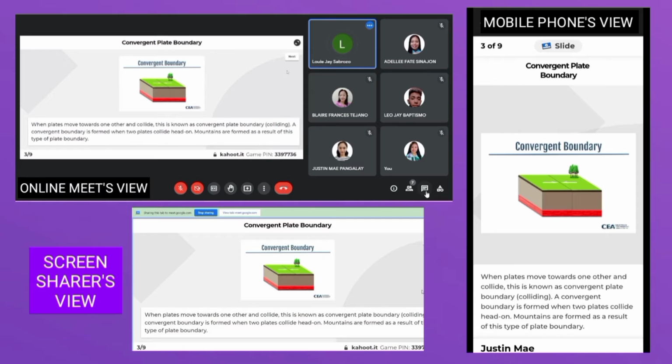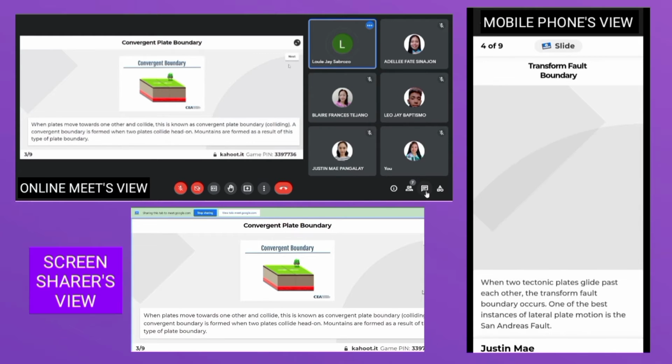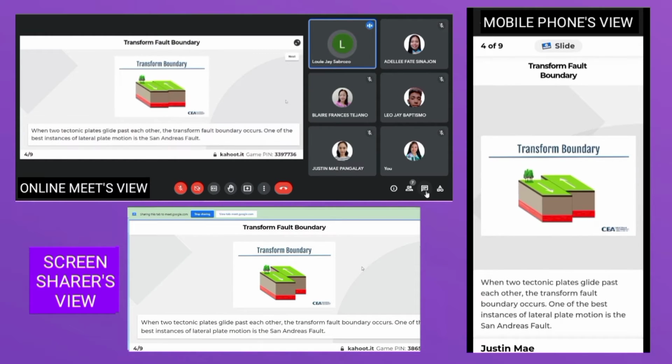And the last type of plate boundary is called the transform fault boundary. Transform fault boundary happens when two tectonic plates glide past each other.